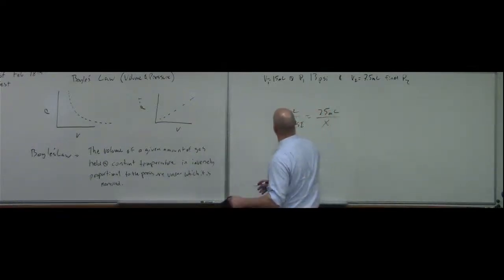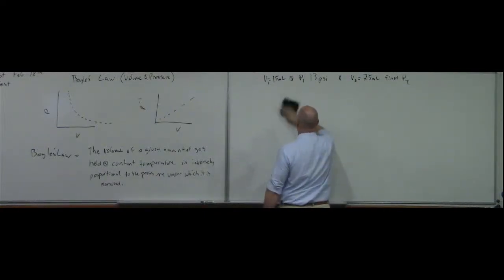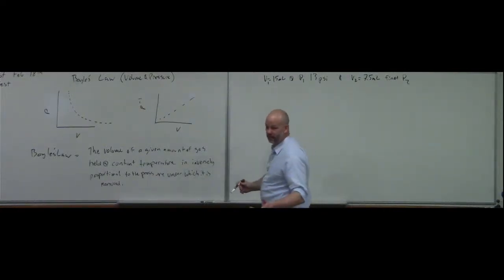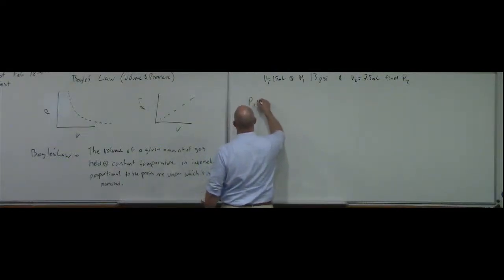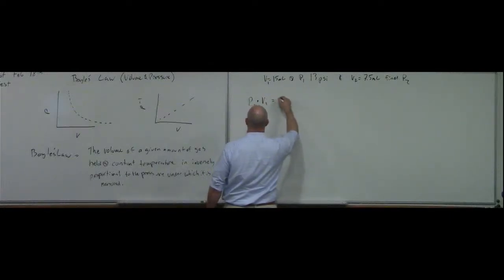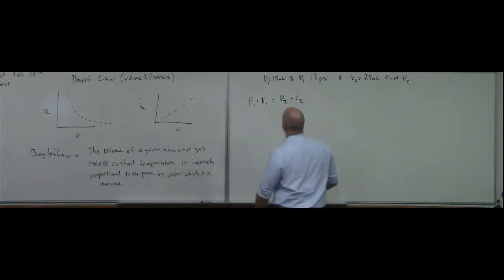I have steered us in a slightly wrong direction, I think due to the fact that it's an inverse proportion. So what we have here is pressure 1 times volume 1 equals pressure 2 times volume 2.